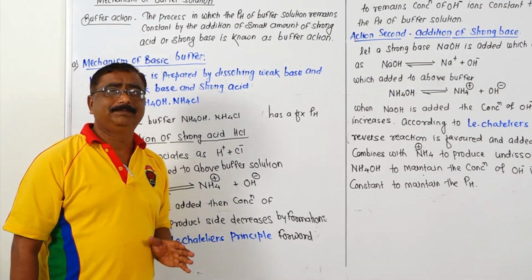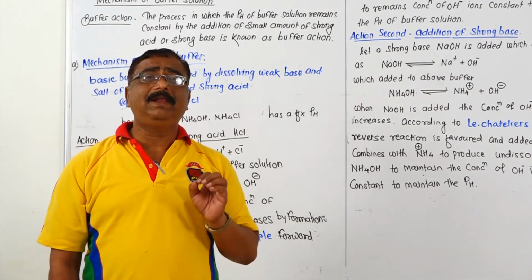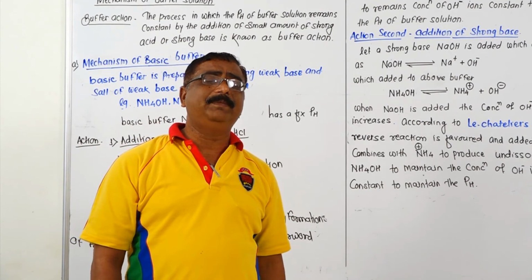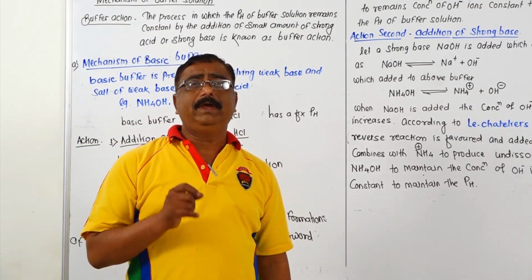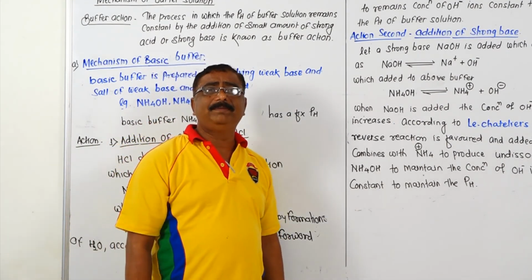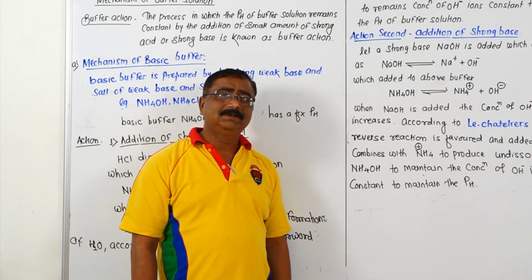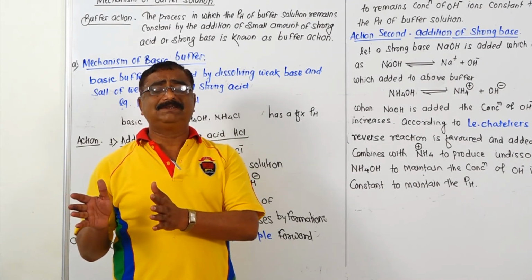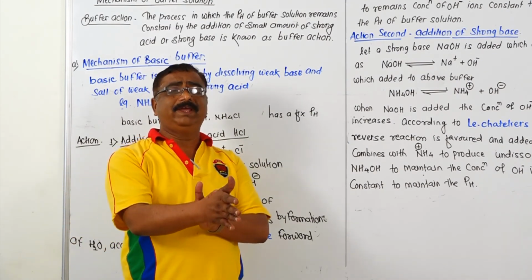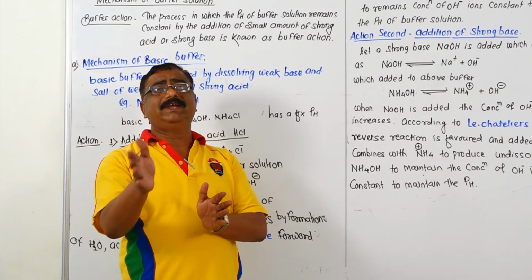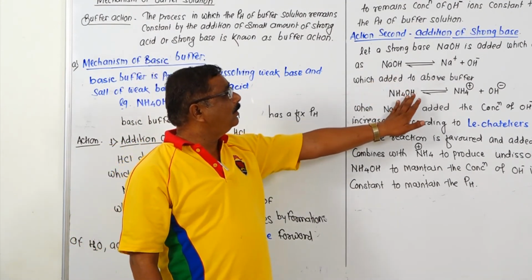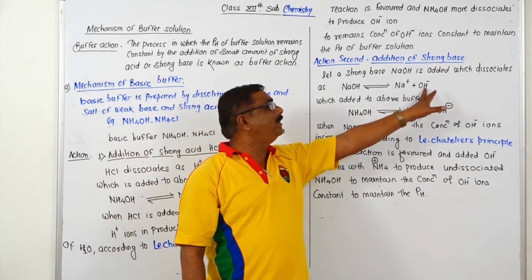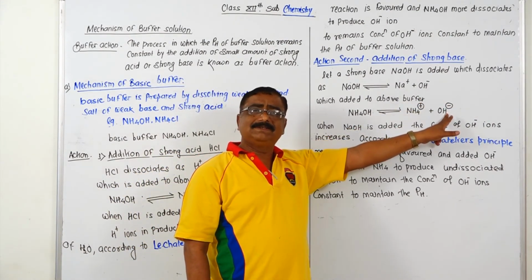Now second case, if we add a little amount of strong base, let us consider that the strong base is NaOH. NaOH dissociates as Na plus and OH minus. What happens? If this Na plus and OH minus is added in the buffer solution of NH4OH, which dissociates as NH4 plus and OH minus, the concentration of common ion OH minus increases.